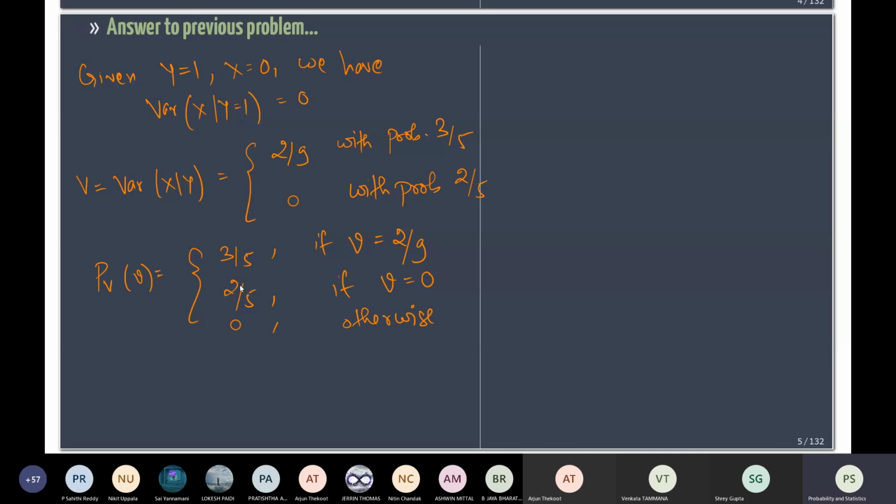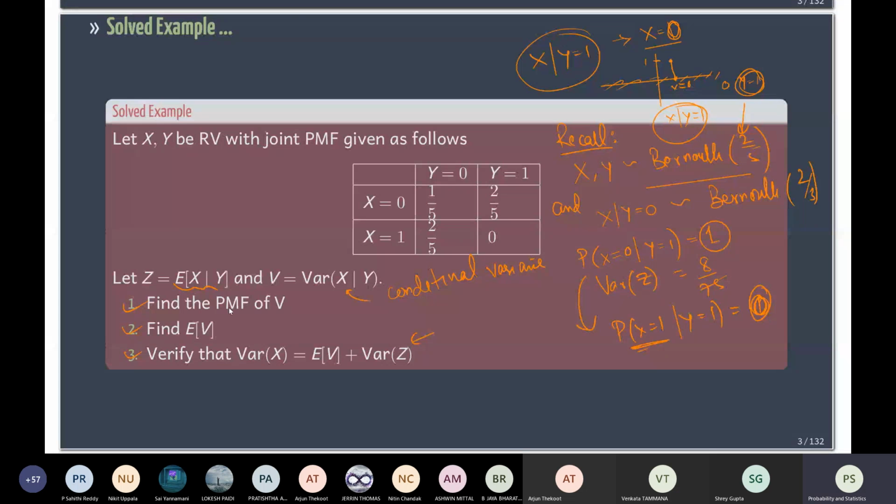Because the sum is already 1, anything else must be 0. Okay, so we found the PMF of V. So that question is now done.